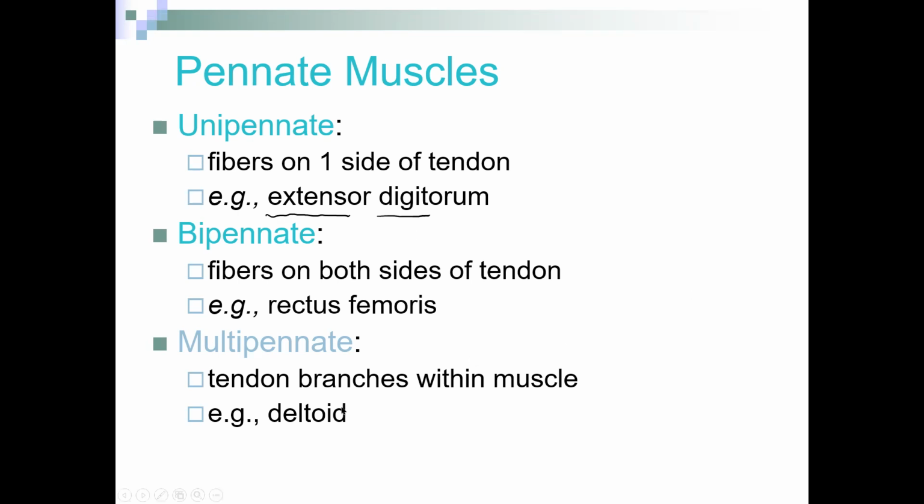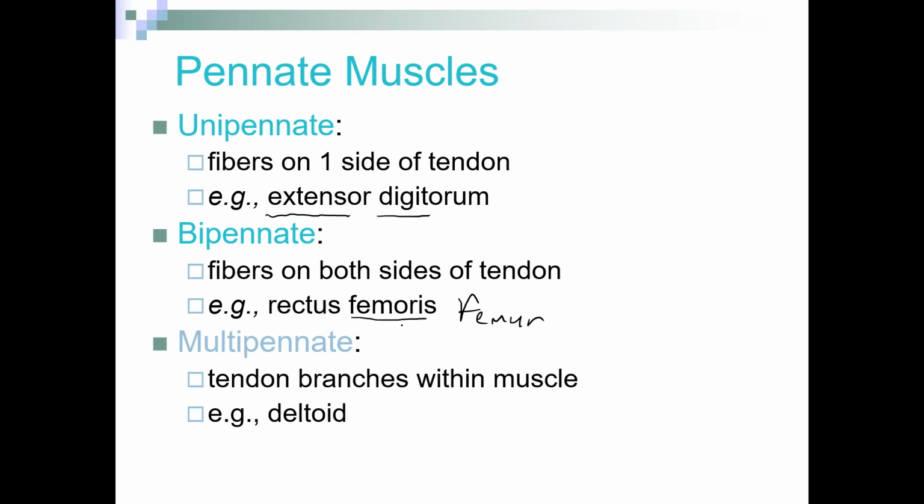Now, we have the rectus femoris. The rectus part is a little more difficult to track down, but it normally refers to something towards the front. And femoris is, of course, related to femur.